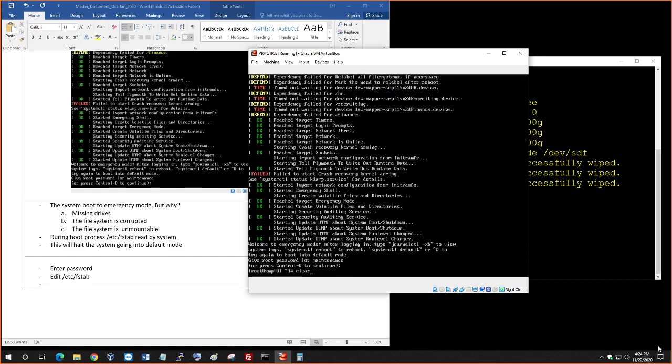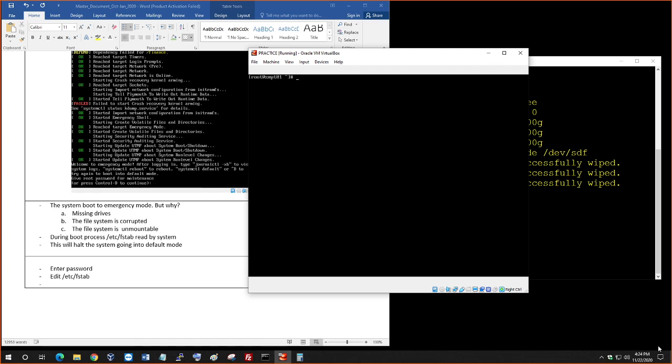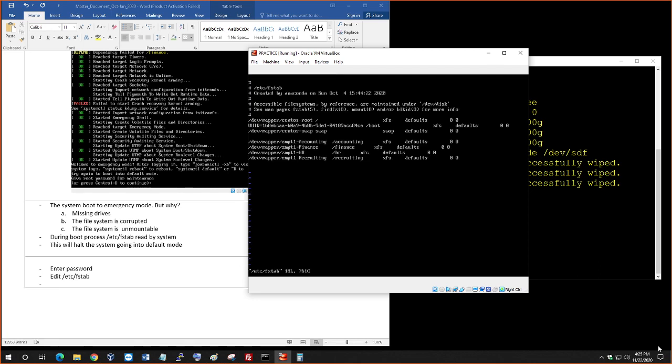Clear the screen and go to vi /etc/fstab. See how you have nicely put in all this here. What you might want to do is not delete this. You might want to comment it out, so put a hash sign before each line.